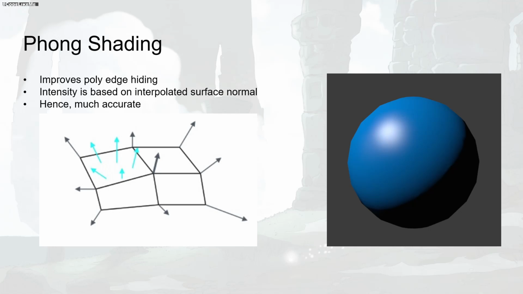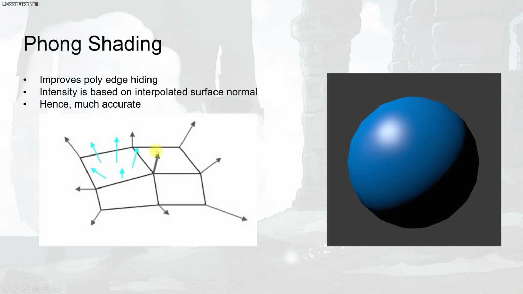And in Phong shading, it improves polygonal face edge hiding. So this intensity is now just like before. Here also we calculate the color values for each vertex, and the intensity of each pixel is calculated by using interpolated surface normals.